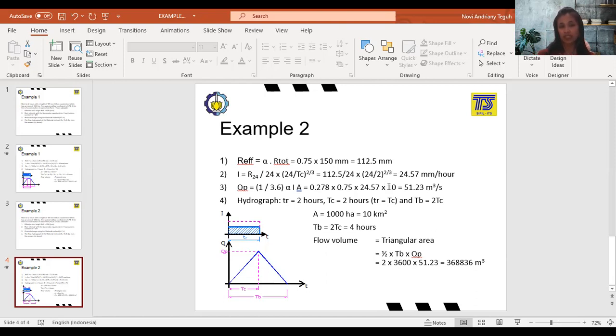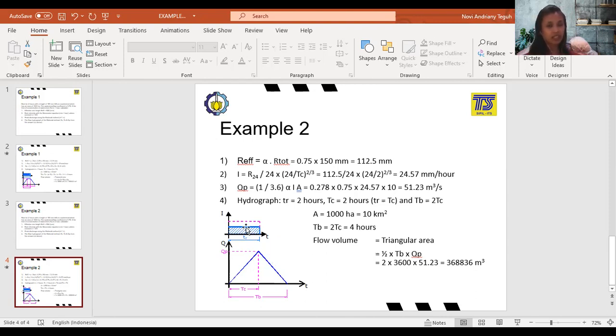between the time of concentration and the time of the rainfall, because it has a shorter period of time of rainfall than the time of concentration. So before the water reaches the downstream, the rain already stops. That's why it will have different length between the left side and the right side of the triangle.